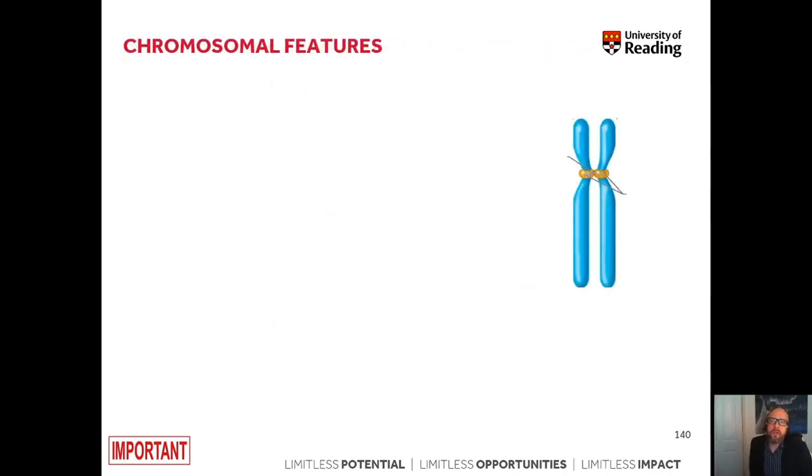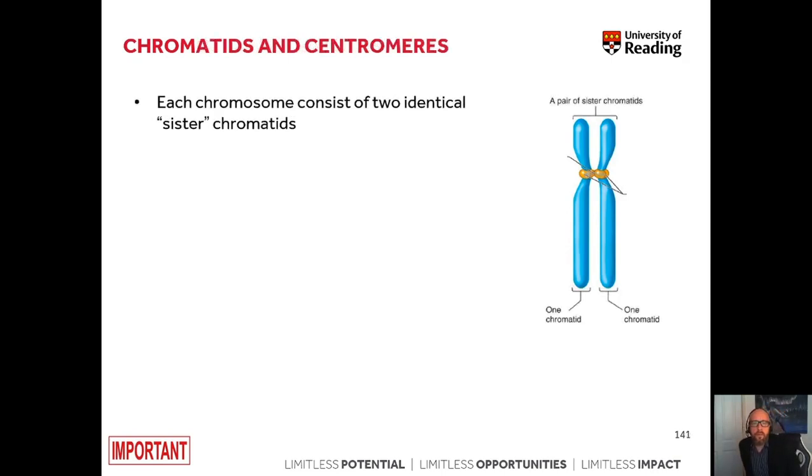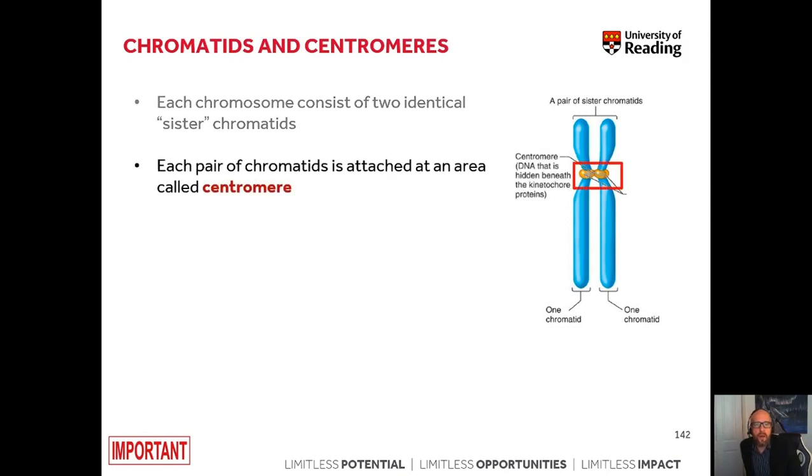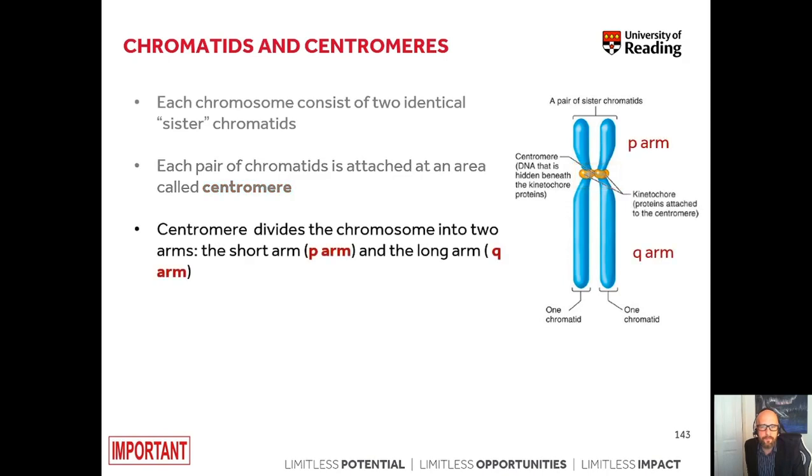So what are the chromosomal features we can identify on the karyogram? The first obvious thing is that we have two identical sister chromatids. Each pair of these chromatids is attached at an area called the centromere, right? This is the first important chromosomal feature that you need to remember.